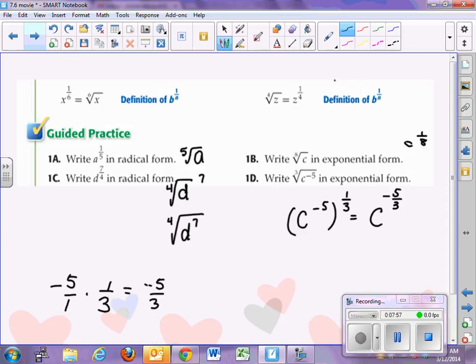And remember, you never leave your, well, actually they left it in this form for this answer, but I don't like how they do that because it's going to give you mixed messages. You never leave a negative exponent. So since this is implied to be over 1, you make it 1/c to the positive 5/3. Remember, a negative exponent just means move it to the other side of the fraction bar and change it to a positive exponent.